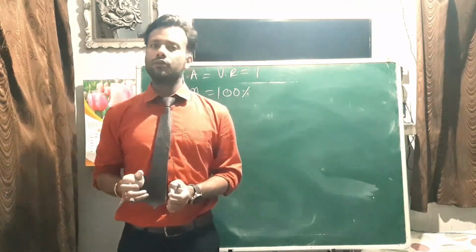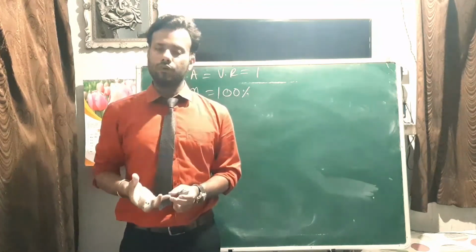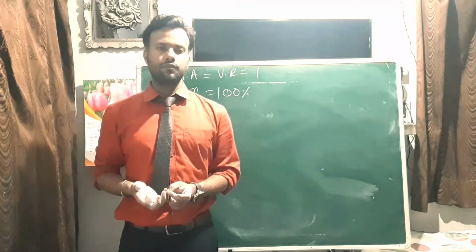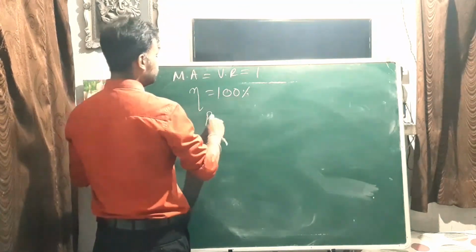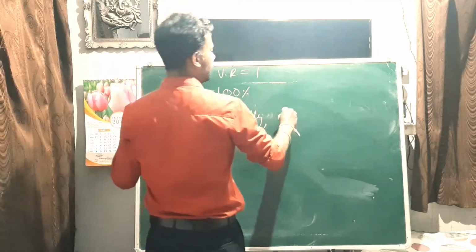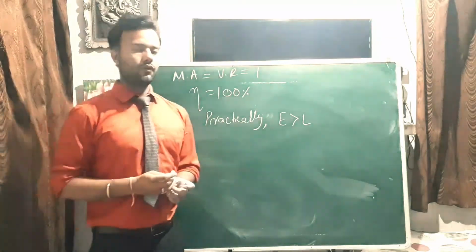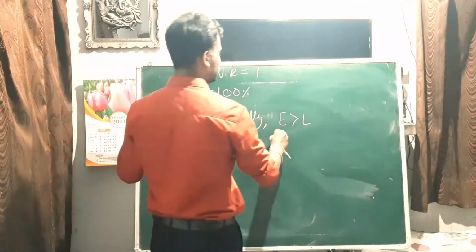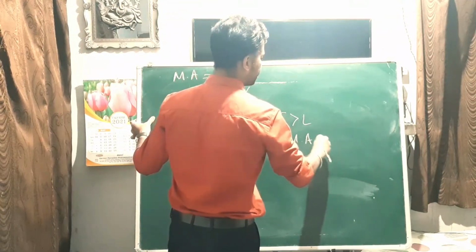That means we have to apply more effort to pick up the load. That means the value of effort is more than the value of load, right? Practically, the effort we apply is more than the load. That means the mechanical advantage will be less than 1.